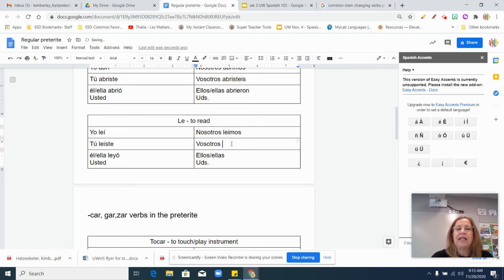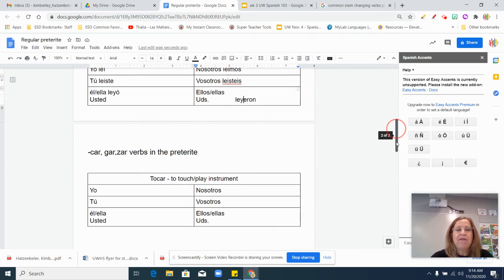Y'all read, leísteis. And they read, another little spelling change here, leyeron. So if it was regular, that Y would be an I, but for leer and other words that have all those vowels together also change to Y, but leer is the most common one.